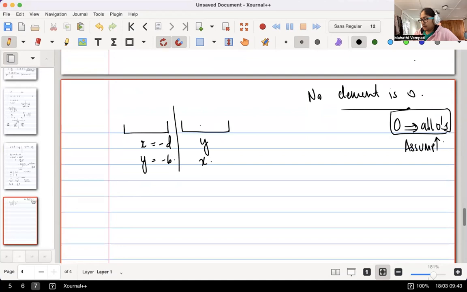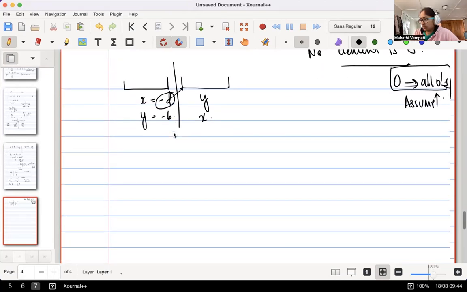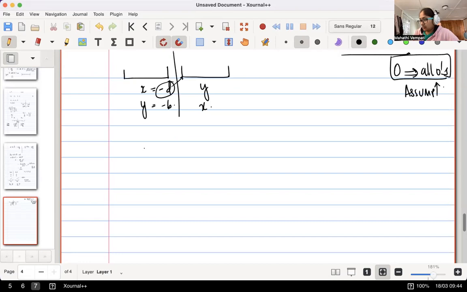This just means that all of these are the same and all of these are the same. And moreover, the sum of this is the negative of this, and the sum of this is the negative of any of these. Okay, let's see if that makes sense.